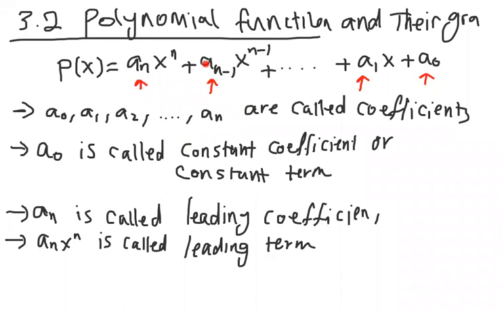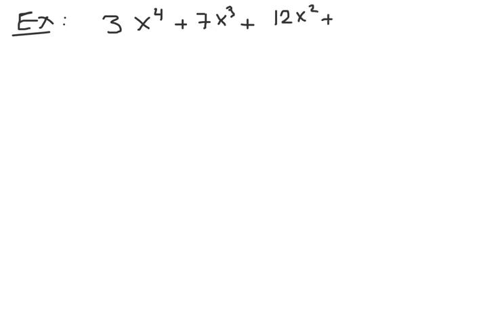So I give you a small example for using these terms. For example, 3x to the 4 plus 7x to the 3 plus 12x to the 2 plus 30x plus 15.